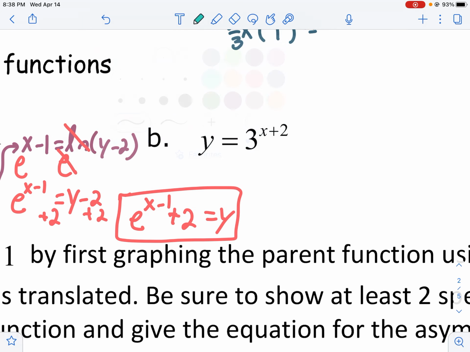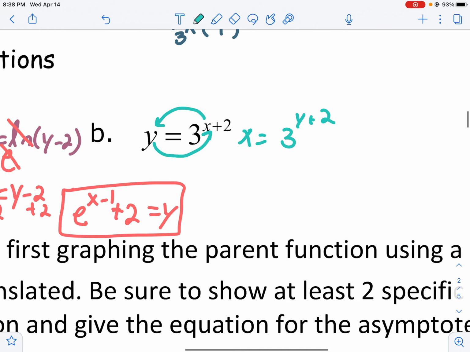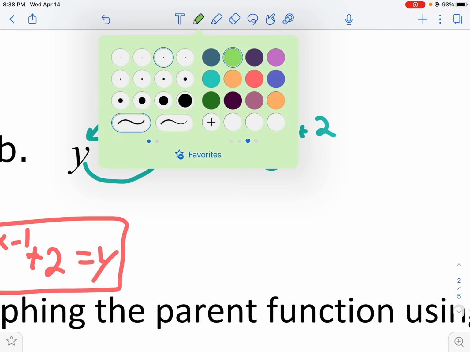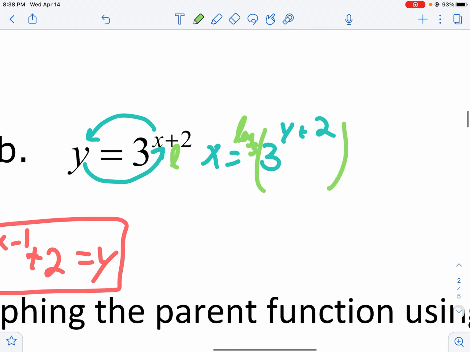Okay. For the next one, again, we're going to swap x and y. So that's going to give us x equals 3 to the y plus 2. And then we need to solve for that y. So when there's a variable in the exponent, we're actually going to take the log of both sides here. In this case, we're going to go log base 3 so that we cancel out that 3.